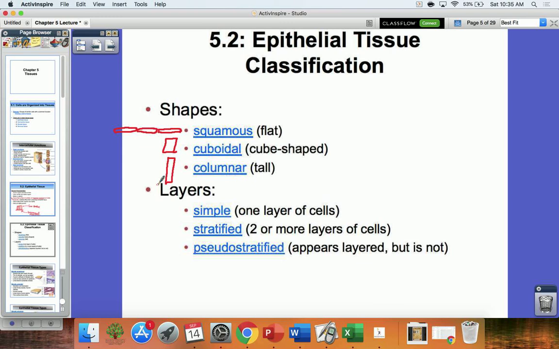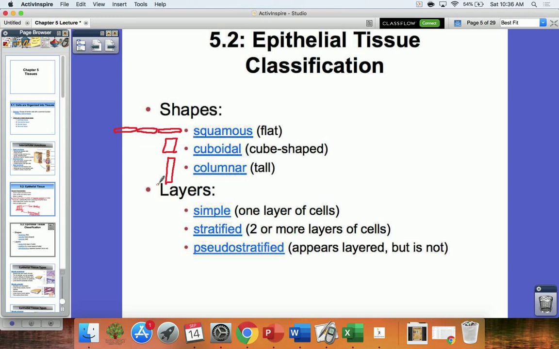And then we can also, in addition to classifying epithelial tissue based on shape, classify them based on layers. And so if we only have a single layer of epithelial tissue, that's going to be considered simple. And then if it's more than one layer, that's stratified.